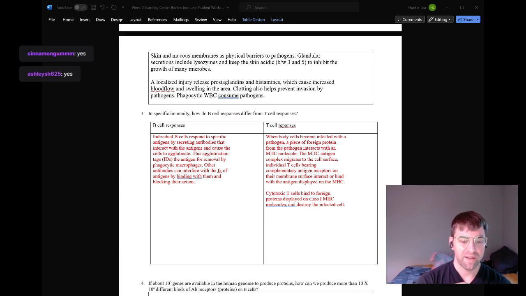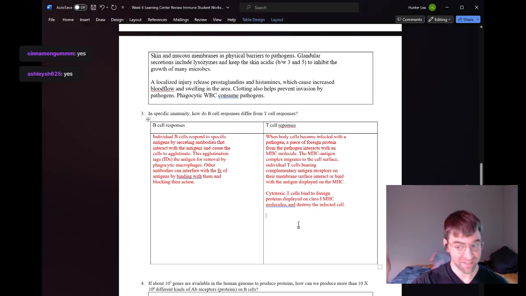T cells respond by dividing and producing a clone of activated helper T cells and memory helper T cells. And the activated helper T cell produces cytokines, like we were talking about earlier, for example that interleukin, which help the appropriate B cells to differentiate into antibody producing cells. And they also help cytotoxic T cells to become active in killing the infected cells. So there are lots of different subspecialized T cells that you should know about.